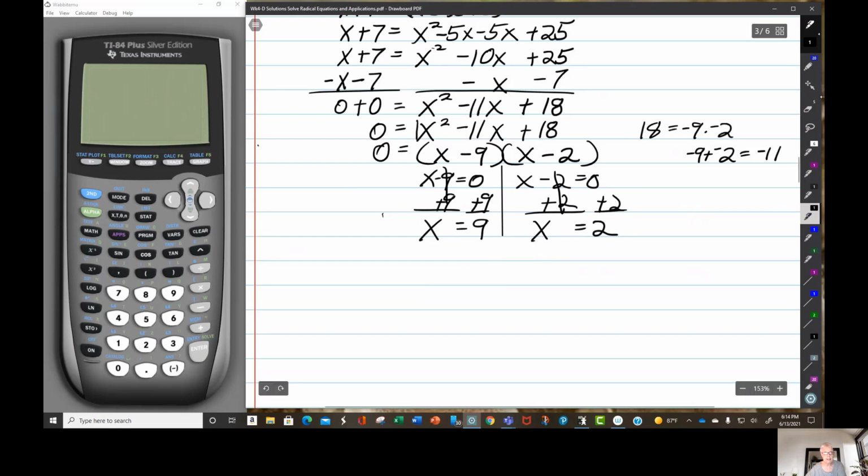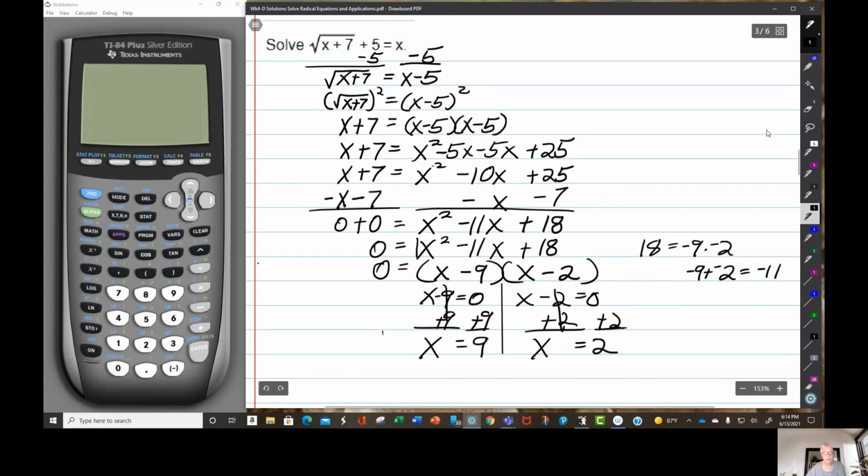Now we have to check the answers. So I have to go up here. Okay. Write down the original equation. The square root of x plus 7 plus 5 equals x.